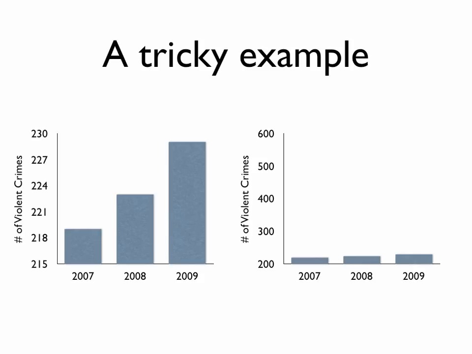But no, it's actually the same data. It's just different y-axes. To make the increase in violent crimes not look as bad, they changed the frequency on the y-axis from 215 to 230 to a much wider range from 200 to 600, which shrinks that graph and skews the truth.